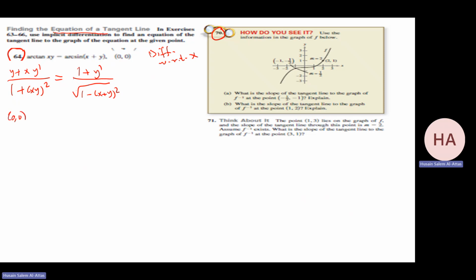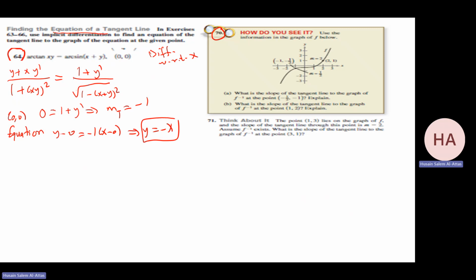Substitute at 0, 0. You'll get 0 plus 0 over 1, which is 0, equals 1 plus y prime. So m tangent equals minus 1. What will be the equation? y minus 0 equals minus 1 times (x minus 0). So it implies y equals minus x. That will be the tangent.